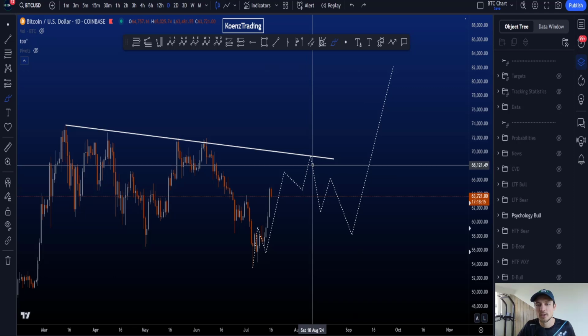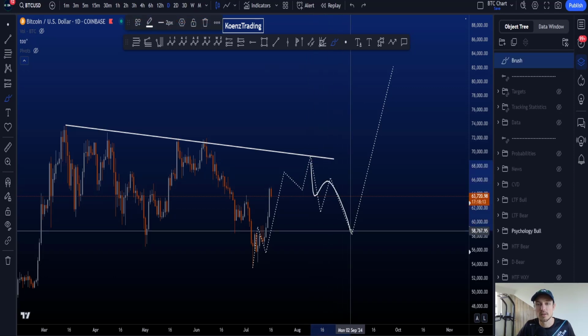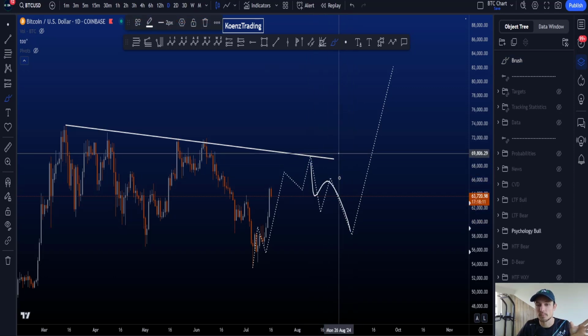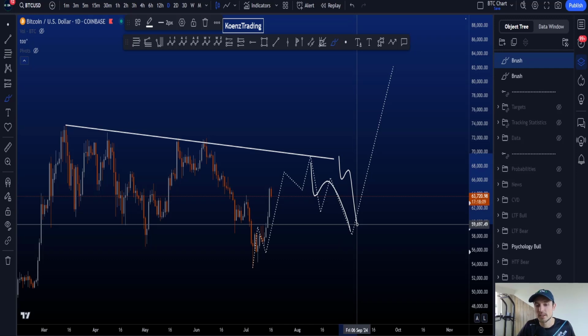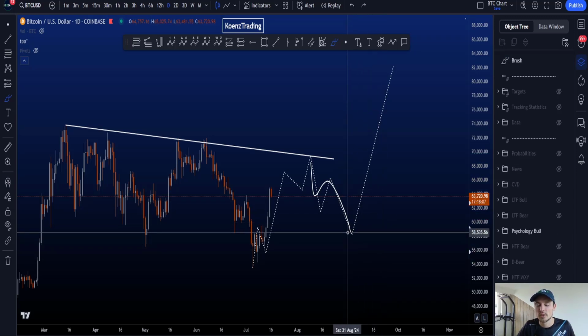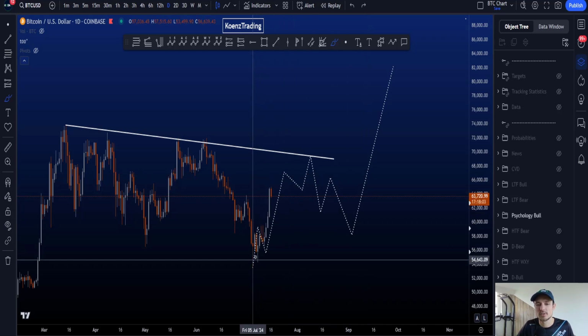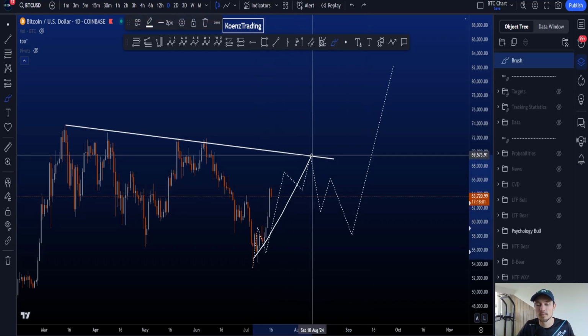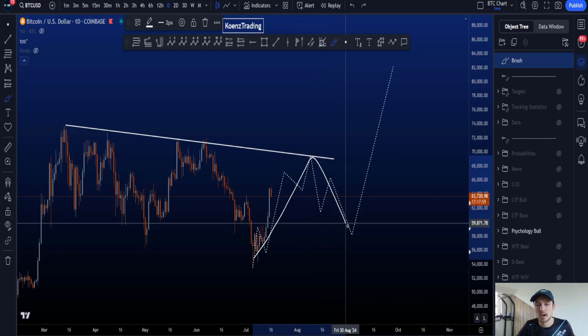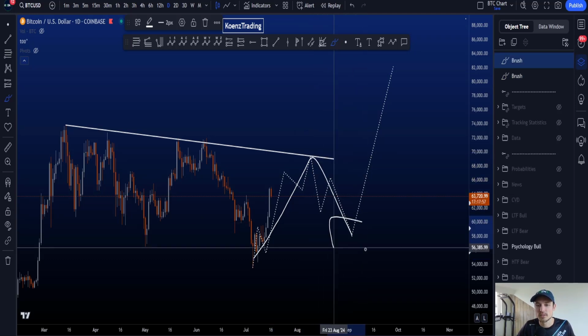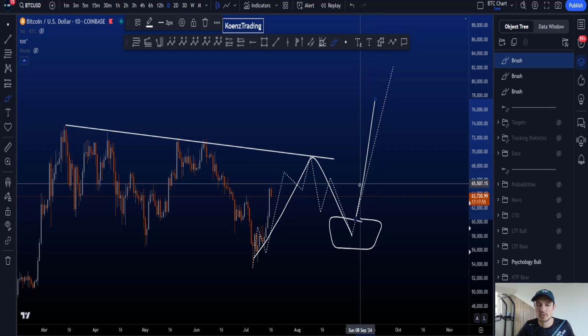But instead, you get a 5-3-5 zigzag, which again mimics a potential 1, 2, 3. But then instead of a 4 and a 5, you get a move back towards the upside to start a wave 3. So in this case, you're going to create a lower high. You're going to have a higher low, look for signs of strength, and continuation to the upside.